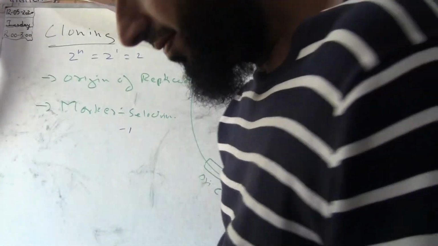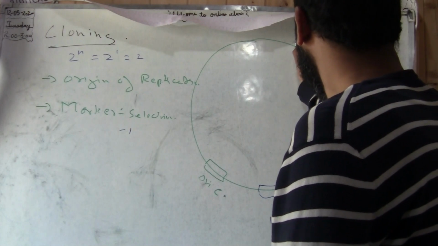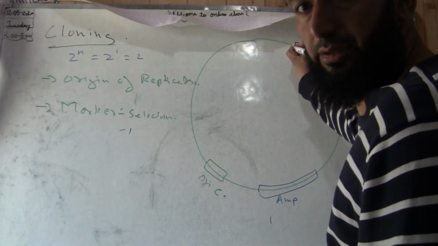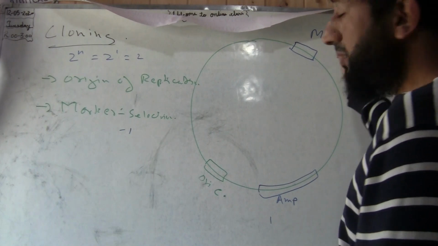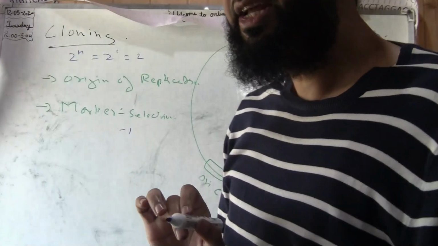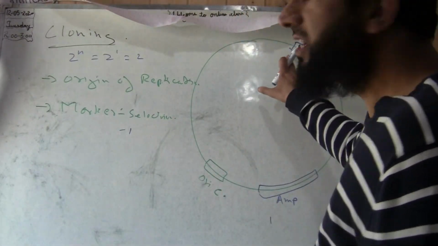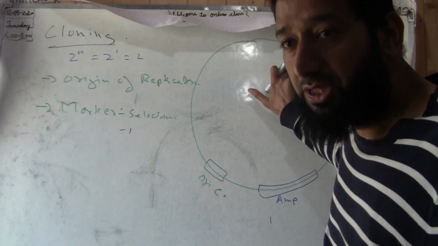The third important thing that a vector should have is an MCS or a PCS. It's called a multiple cloning site or a polycloning site. This is the site that is rich in restriction recognition sequences.